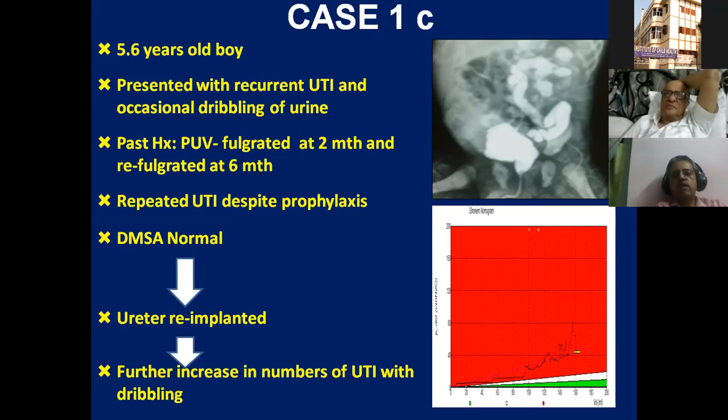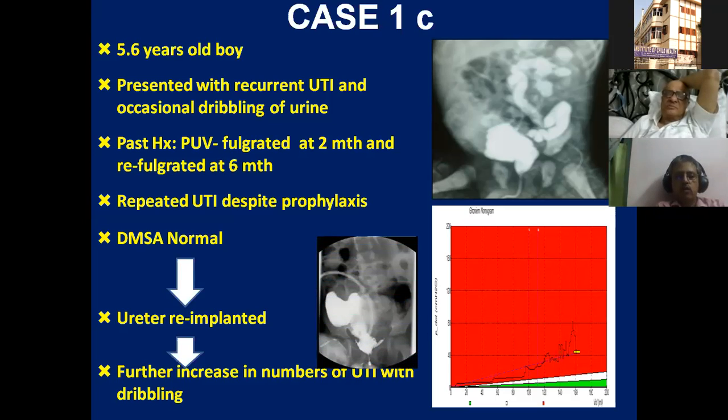You will have the recurrence of the reflux, and your surgery will not work. So that's what happened. And ultimately, this child required ileocystoplasty and a Mitrofanoff, and after that was doing well.